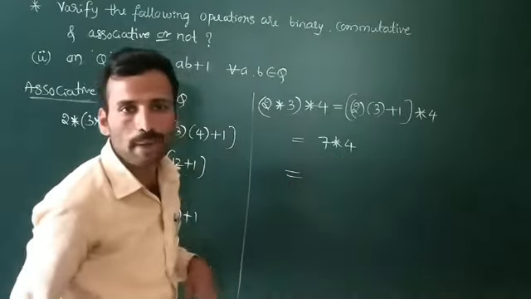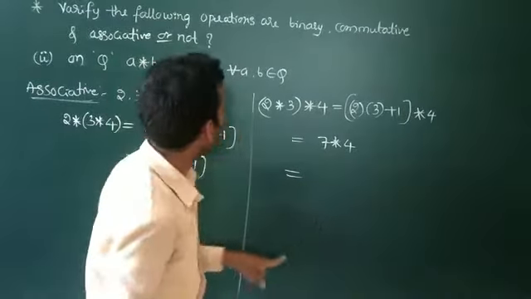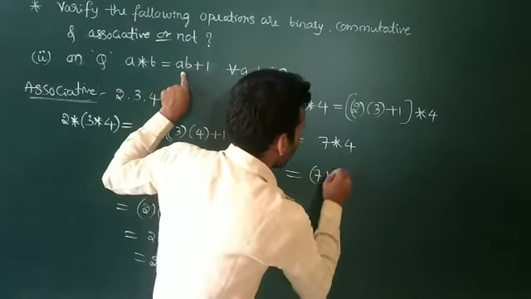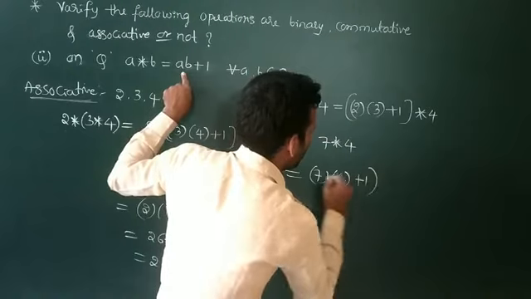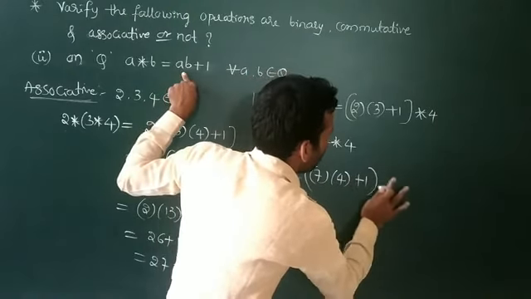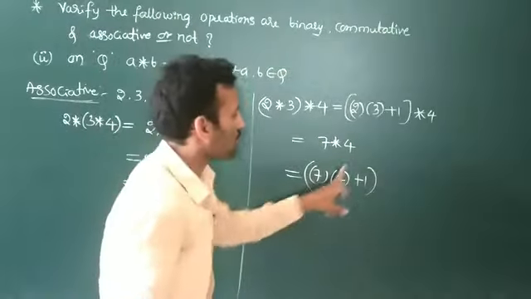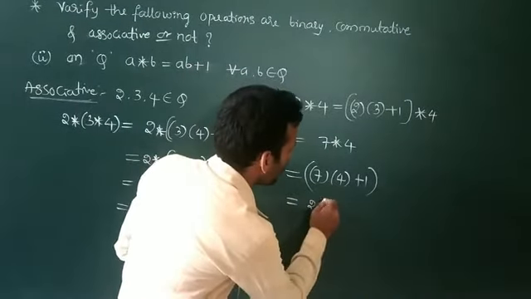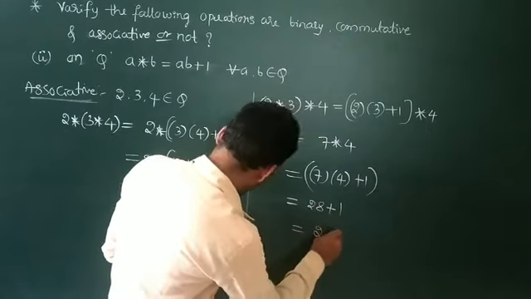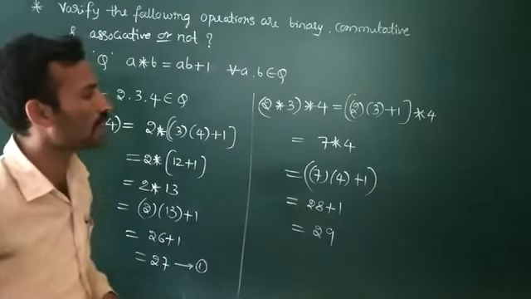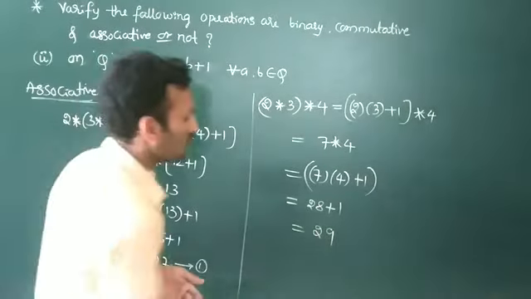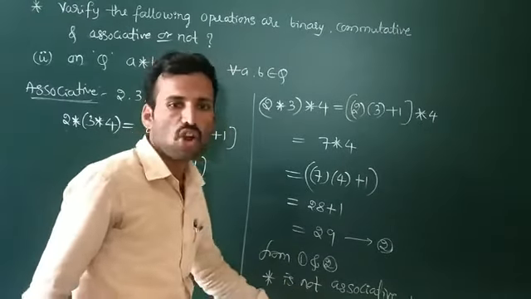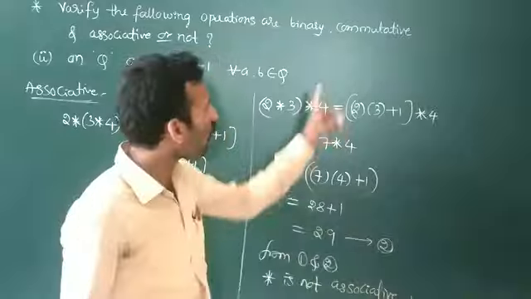Again by the definition, AB plus 1, where A is 7, B is 4. That is 7 into 4 is 28, 28 plus 1 is 29. That is equation number 2, 29. From 1 and 2, star is not an associative binary operation on rationals.